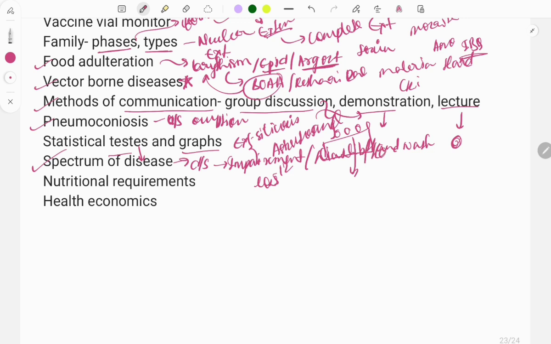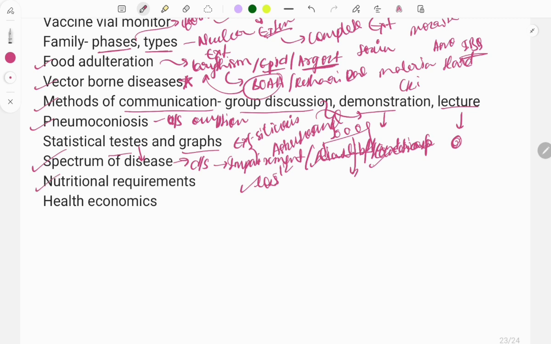Then handicap. So a question can be asked describing the features, like a person in an accident, he lost his hand but he is doing his job, so what kind of spectrum of disease is it. So it will be impairment. If he will lose his job, then it will be disability. Then due to an accident, he has lost both his legs and he is not able to perform any social role, then it will be called as the handicap.